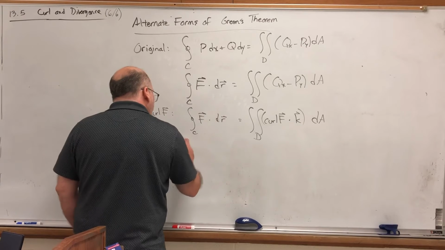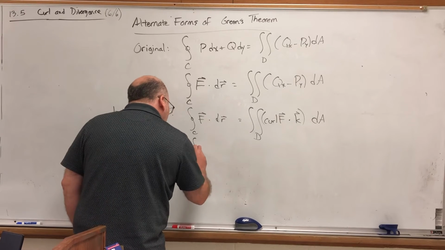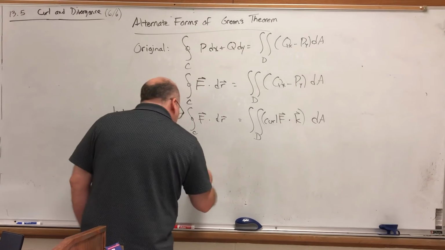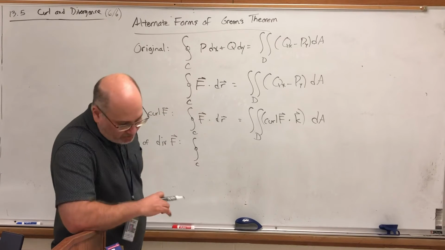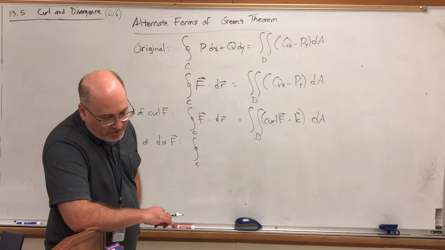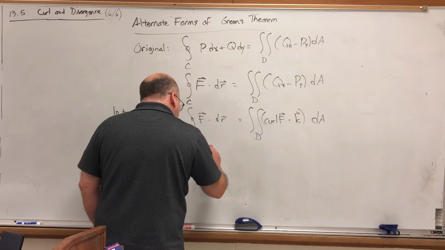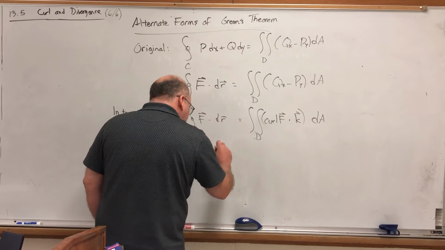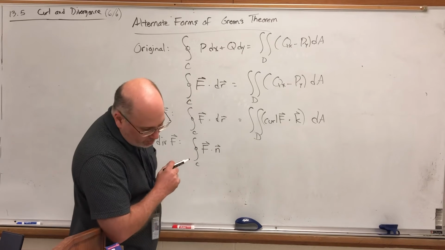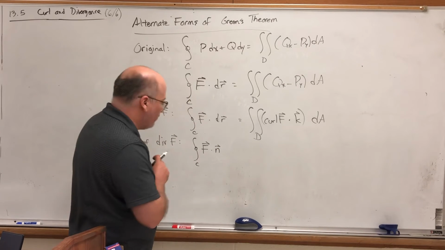Plus, there's another subtle difference. If you're finding a line integral over a closed curve, some people call it a contour integral, but instead of F dot dr, it's F dot n, so a normal vector, and I believe normal unit vector? Yes, normal unit vector.